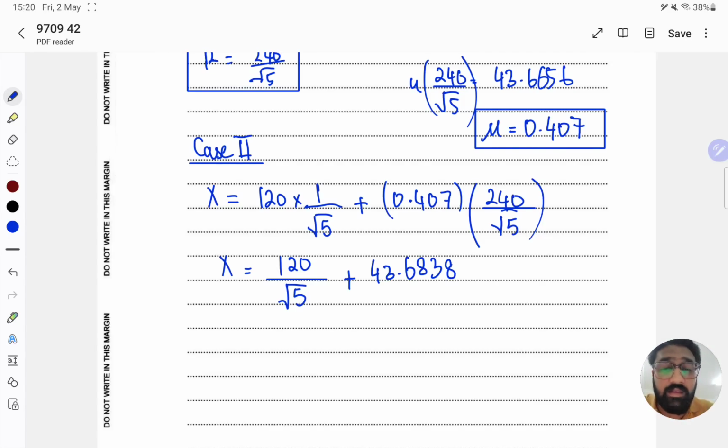If I add 120 by square root of 5, it will be the value of x, which will be 216 divided by square root of 5, or you can write it as 96.6 Newton.